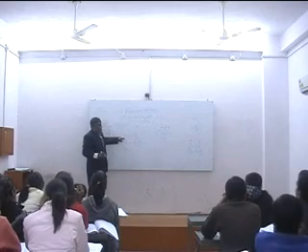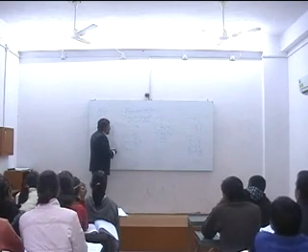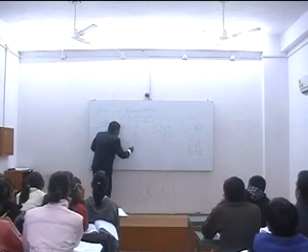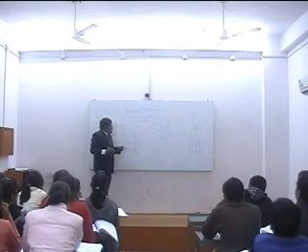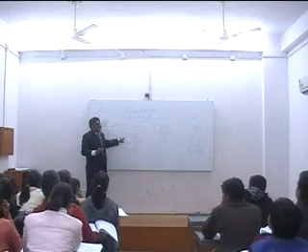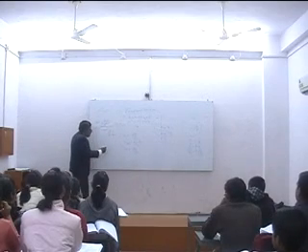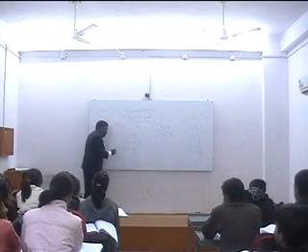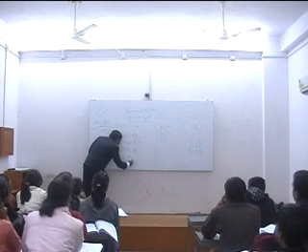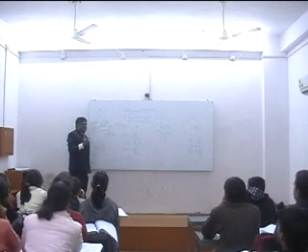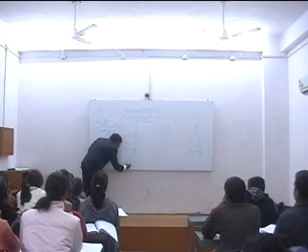Average angular speed is delta theta by delta t, and instantaneous is d theta by dt. And average angular acceleration is what? Similarly, average angular acceleration alpha is equal to delta omega by delta t, and instantaneous angular acceleration is d omega by dt.